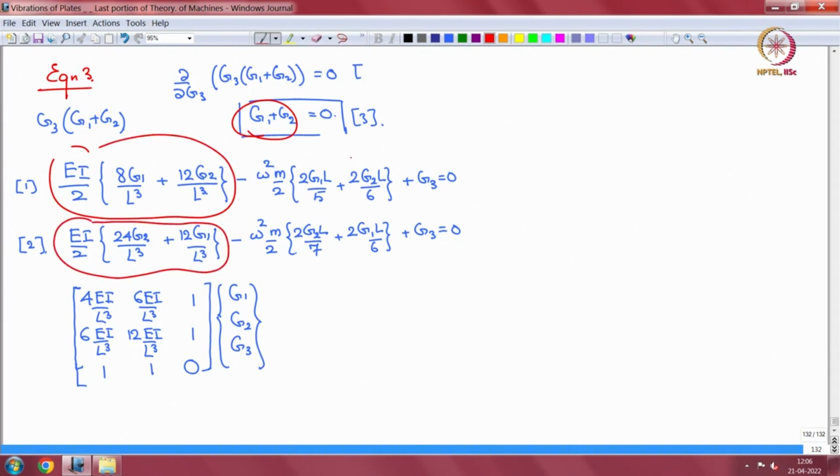Now I have the omega square related terms. So what are they?